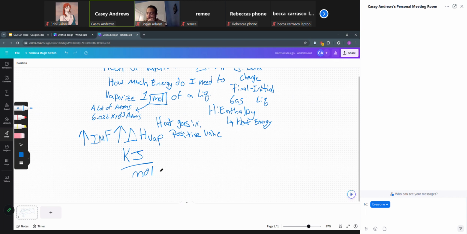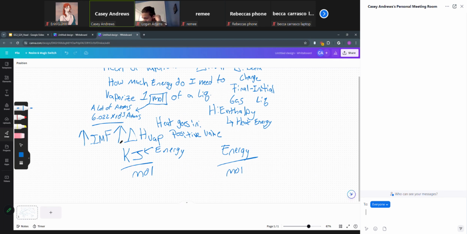A joule is a unit of energy. So this unit is saying how much energy I need for every mole of substance, and a mole is just a lot of atoms, to do a process.